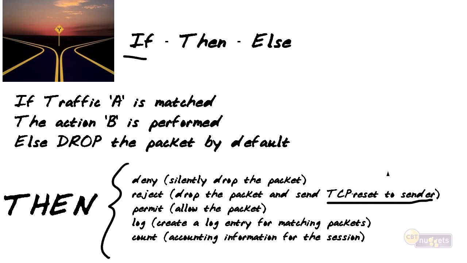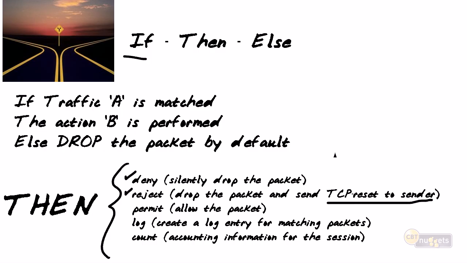It can also be part of reconnaissance, as a malicious user is trying to do fingerprinting of this device, and based on receiving TCP resets, it can discover information about our gateway. So often we go ahead and we select deny over reject, even though there are some exceptions.